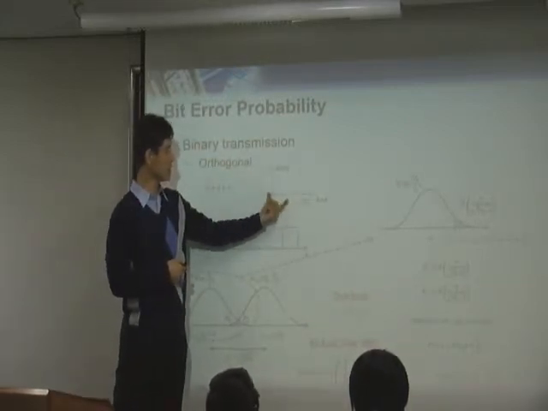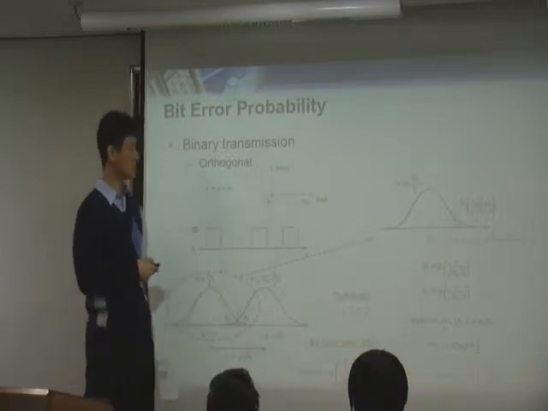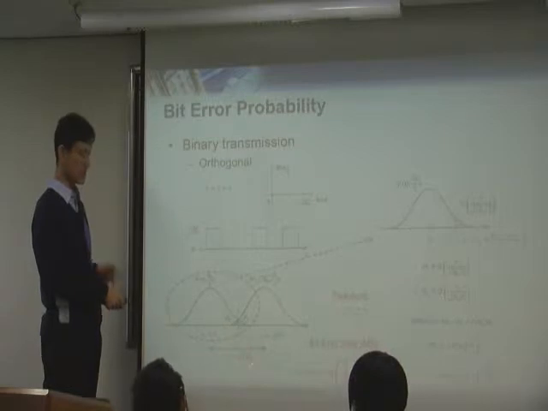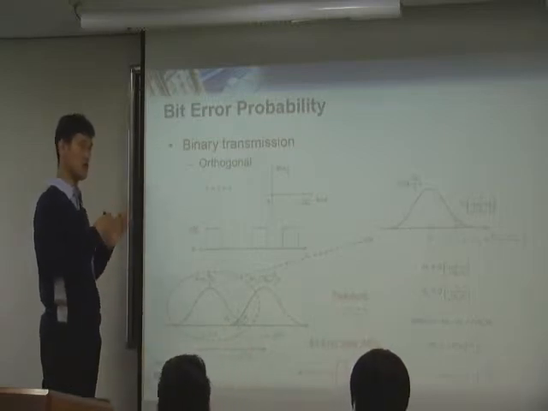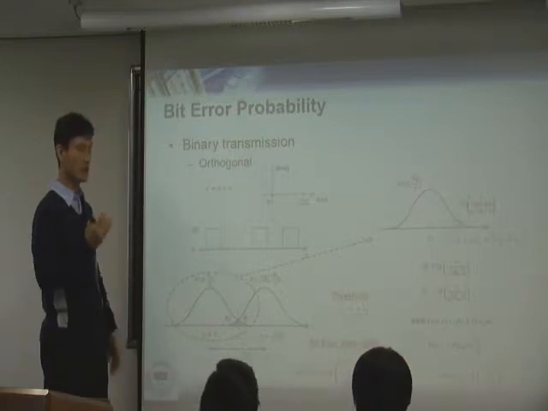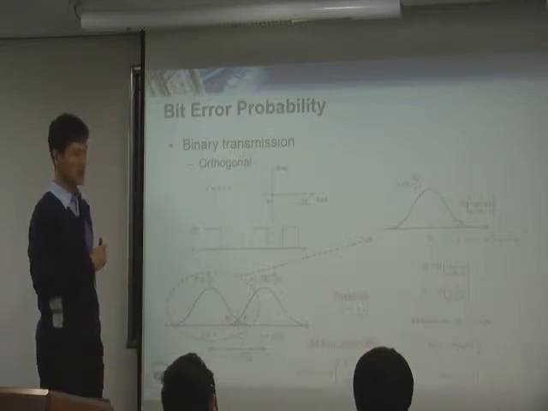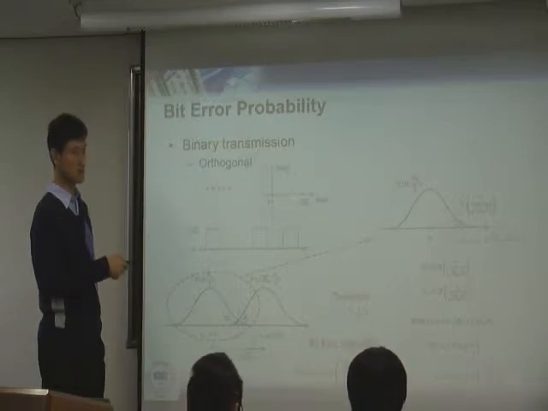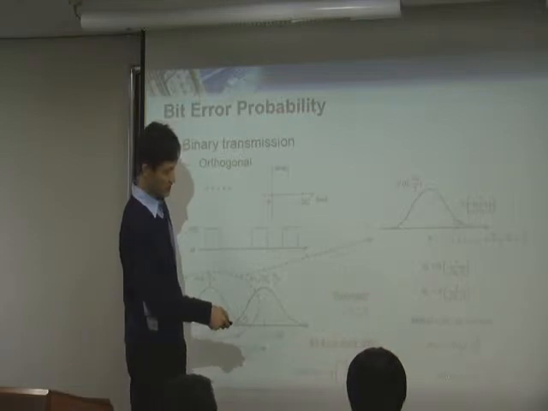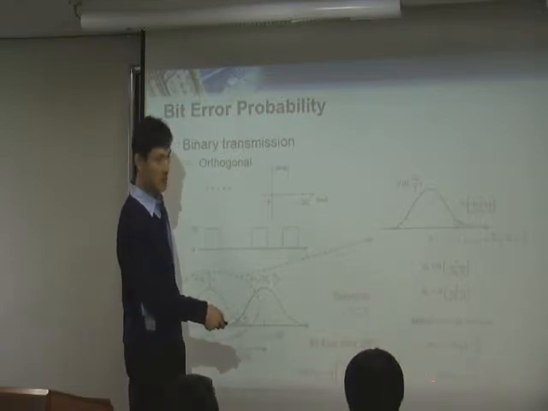You see that the orthogonal case gives you a smaller distance than the antipodal case. So therefore, you can expect a little bit higher bit error rate, because of this smaller distance. If you do all the same thing, eventually you get this BER.